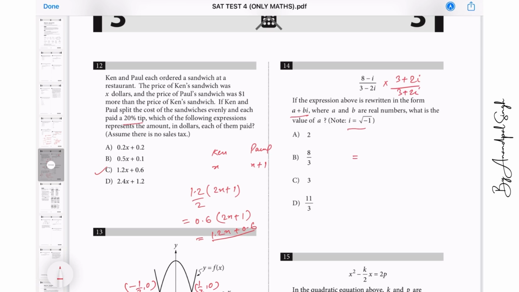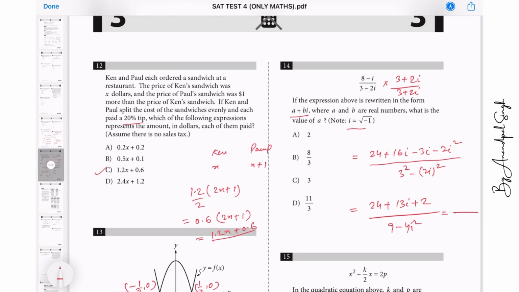So in the numerator it becomes 24 plus 16i minus 3i minus 2i square, and the denominator becomes 3 square minus (2i) whole square. So that becomes 24 plus 13i plus 2, and this is 9 minus 4i square.